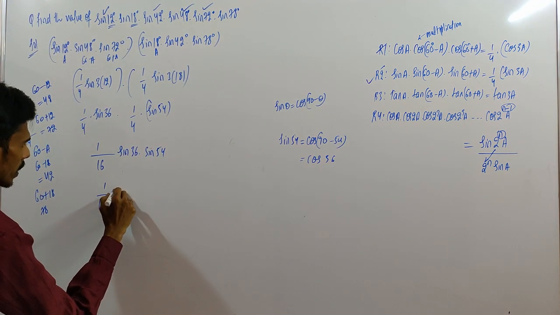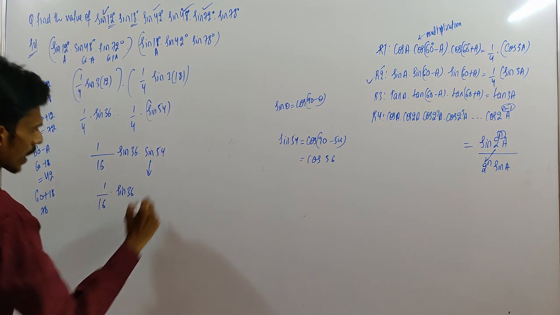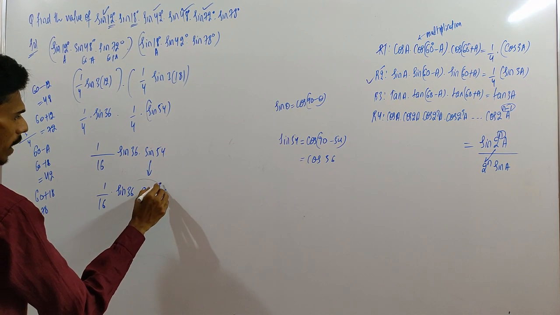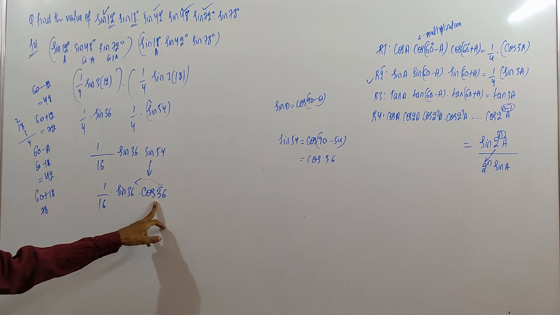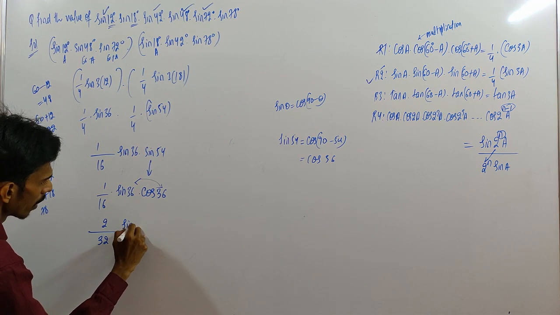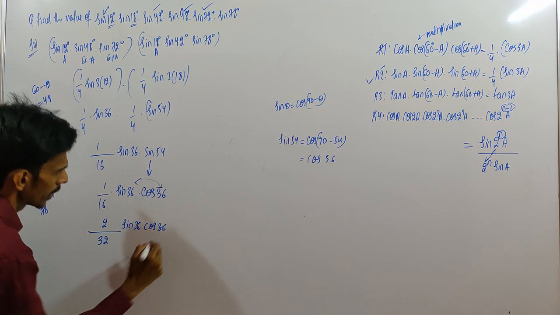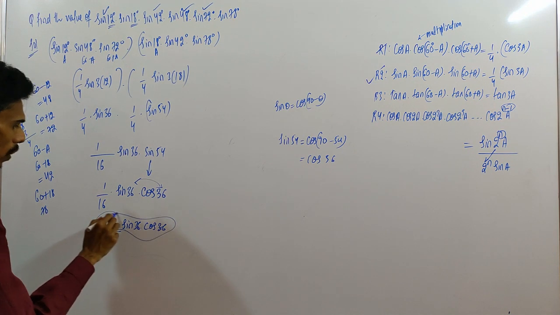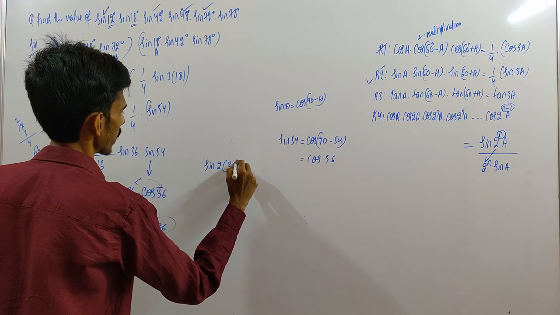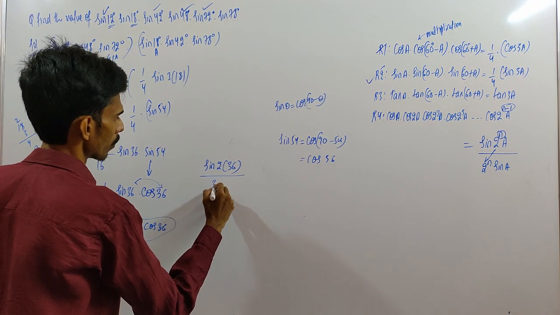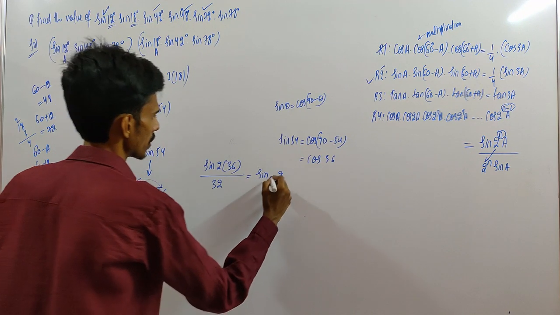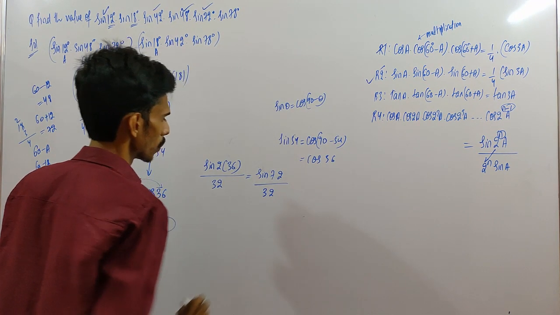So this will become 1 by 16 sine 36 into cos 36, since sine 54 becomes cos 36. We have these two angles the same, sine theta cos theta, so multiply by 2. We have 2 divided by 32, sine 36 cos 36. Now 2 sine theta cos theta becomes sine 2 theta, so it becomes sine 2 into 36 divided by 32, which is sine 72 divided by 32.